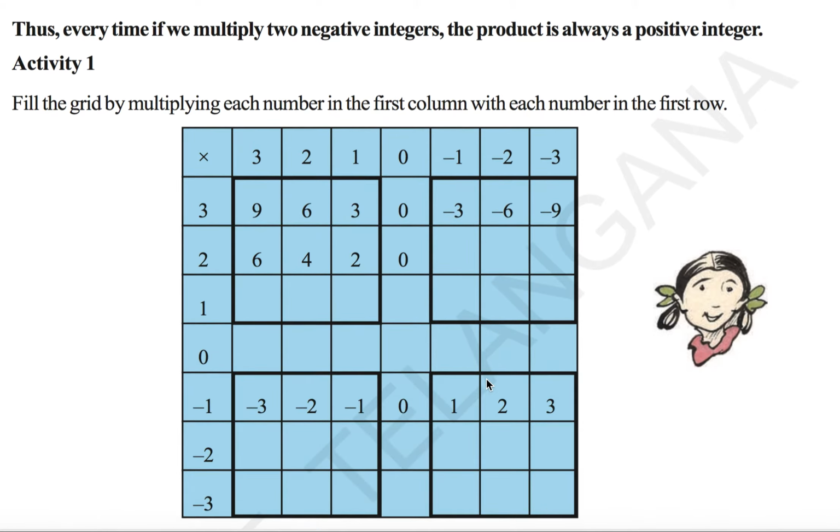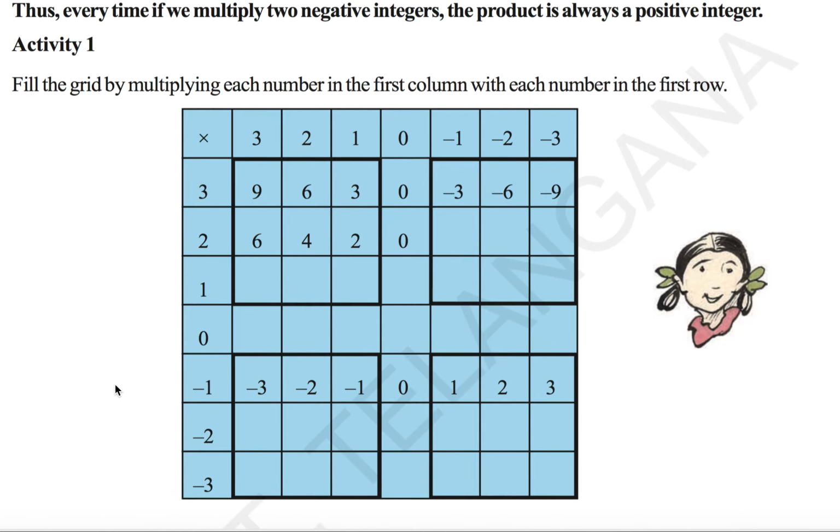Activity 1. Fill the grid by multiplying each number in the first column with each number in the first row.